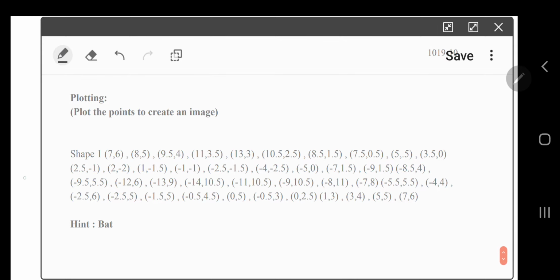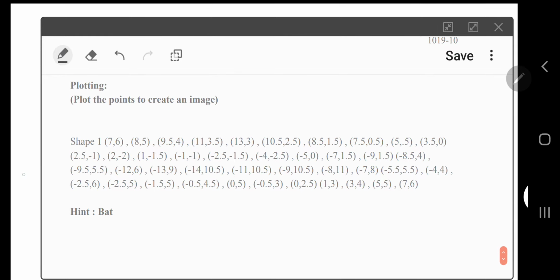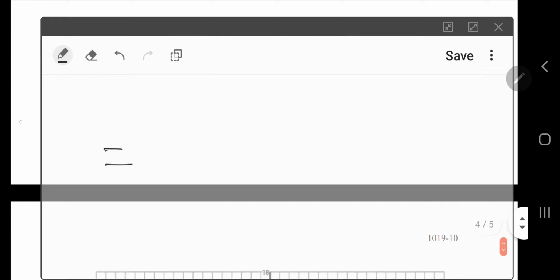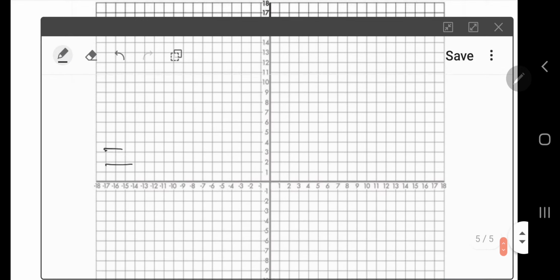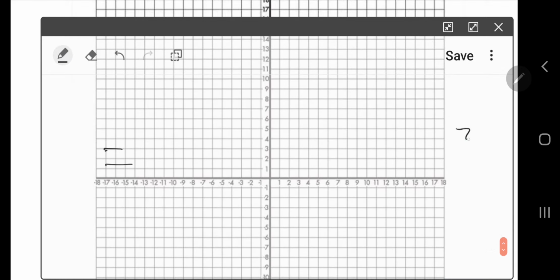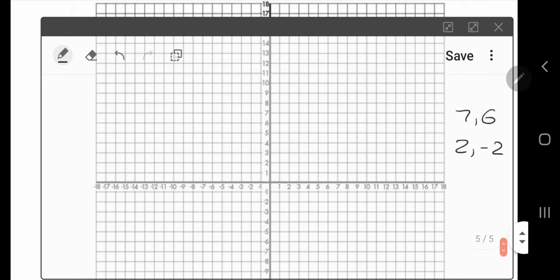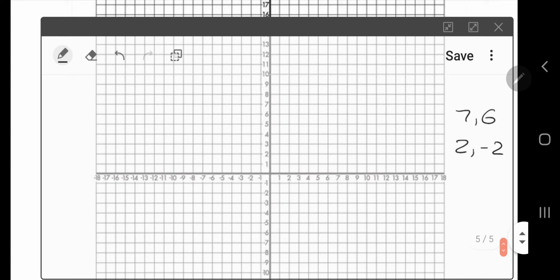Now let's try more graphing. So the same thing. So let's try to graph 7, 6 and 2, -2. So we have 7, 6, 2, -2. So in order to graph 2, -2, first we have the x over here.